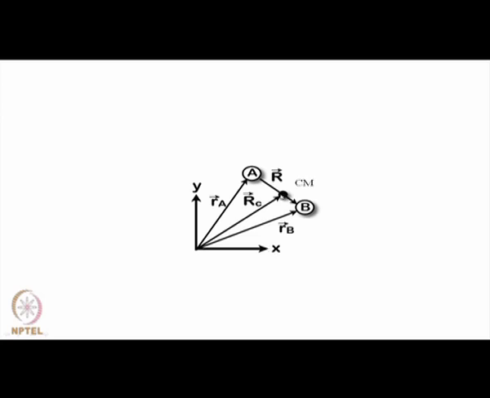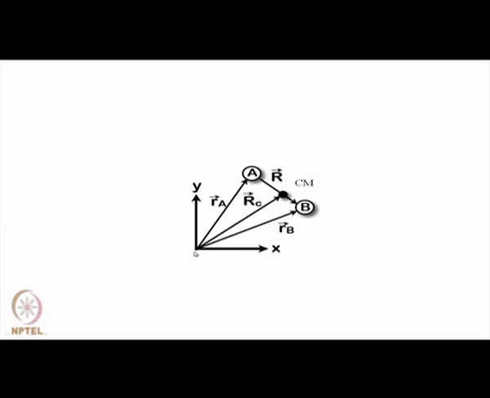So, this is your center of mass, this is A, this is B. This is R_A vector, the radius vector of A, this is the radius vector of B, this is the origin, and this is the radius vector corresponding to the center of mass.